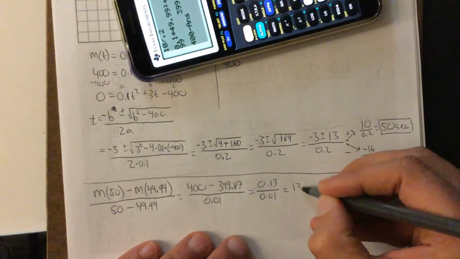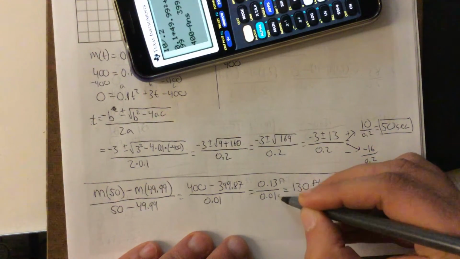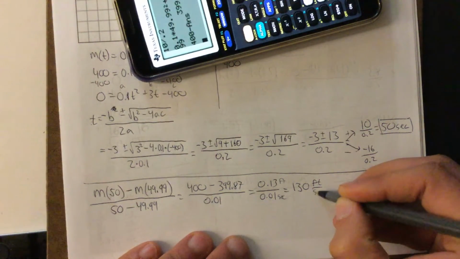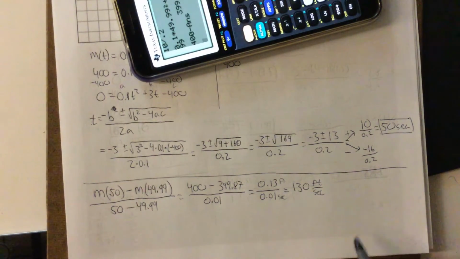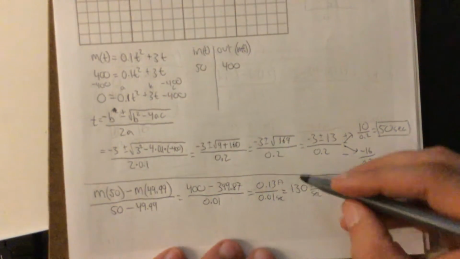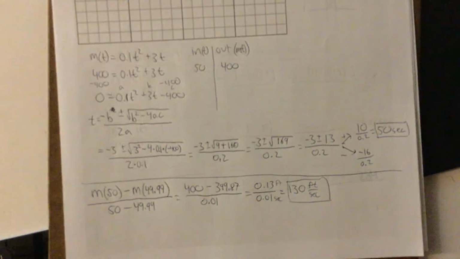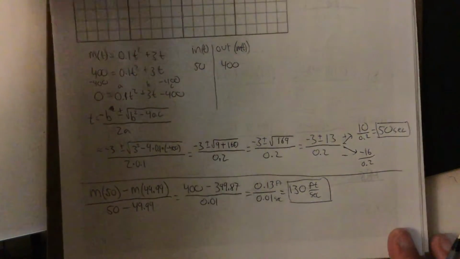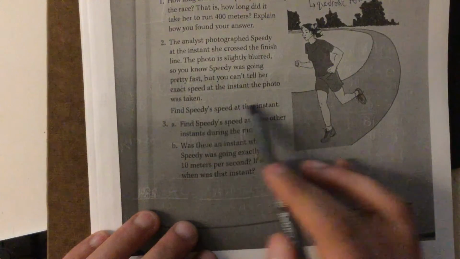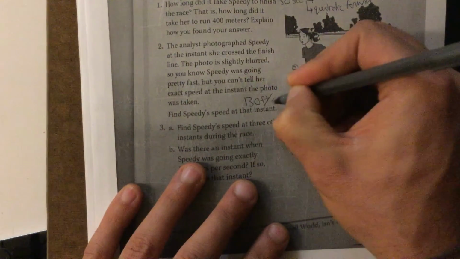So we're going to be at 130, and this is feet per second. So she's running 130 feet per second at the instant she finishes her race. That's so fast. But remember, the problem said to treat this as true. So at the instant she finishes, the speed at that instant is 130 feet per second.